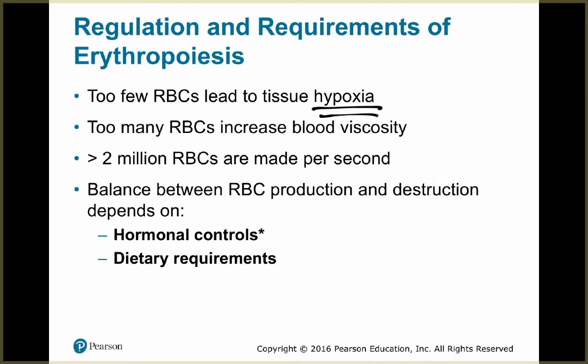Hypoxia can come from decreased red blood cell numbers due to bleeding out, hemorrhages, or some kind of increased destruction. You can have an iron deficiency, so you have less hemoglobin per red blood cell. You could be at high altitudes or have lung problems such as pneumonia, and so that can cause your tissue to go to hypoxia. So any of these things can cause the reduction of oxygen levels.